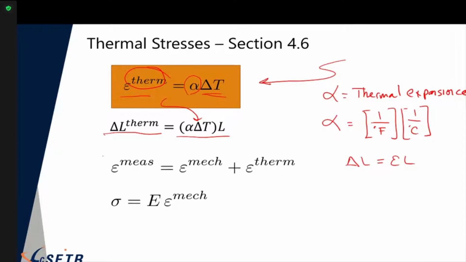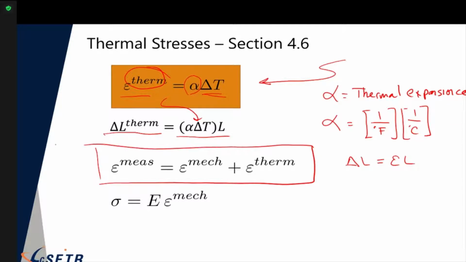Now, I do want to talk about this. This is a little bit different than the way the book approaches it. This is a more high-level way of thinking about these thermal stress problems, and it's pretty powerful. We talked about strain as the change in length over the original length, or for shear strain, the angular distortion.